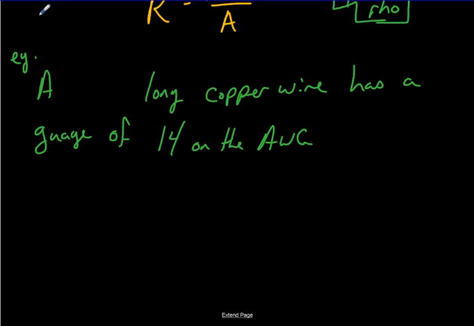It's not even going to be fun. Let's make it like 100 meters. That's probably not even long enough. Let's make it like 250 meters. Let's make it a kilometer. I'm making it 1,000 meters. Why not? Okay. Has a gauge of 14 on the American wire gauge.